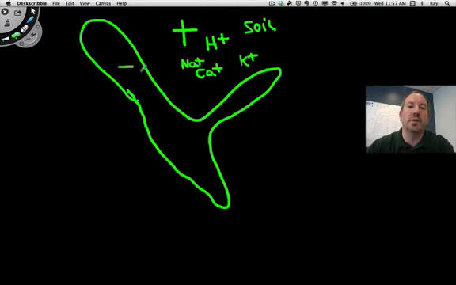And so what you've created is an electrochemical gradient. So not only are the hydrogens in high concentration and they want to diffuse back. They're very uptight about that. So there's a chemical gradient and a voltage gradient. So it's an electrochemical gradient, and the root takes a lot of effort to do that.